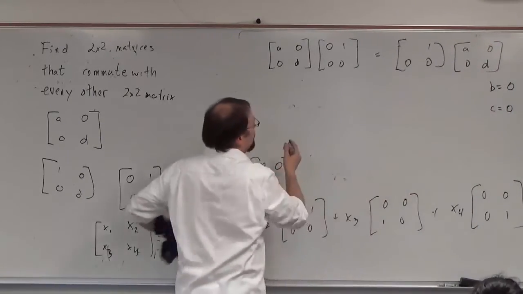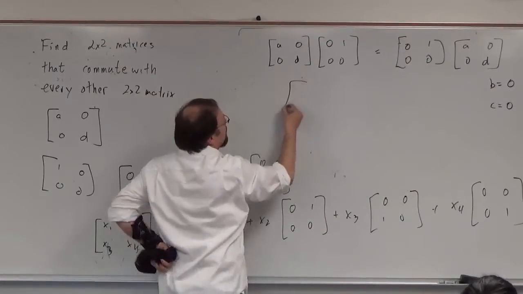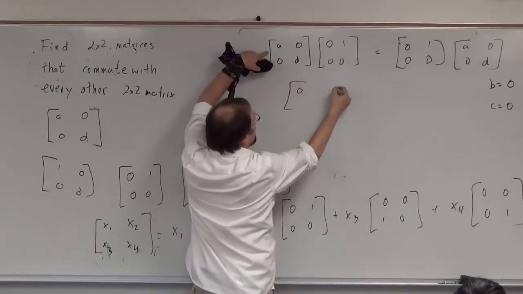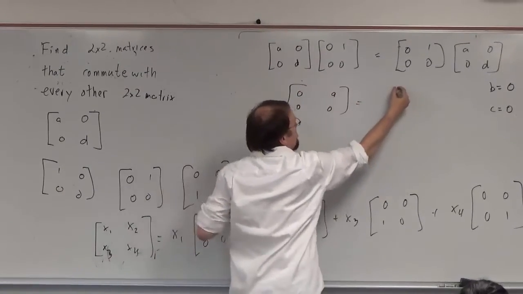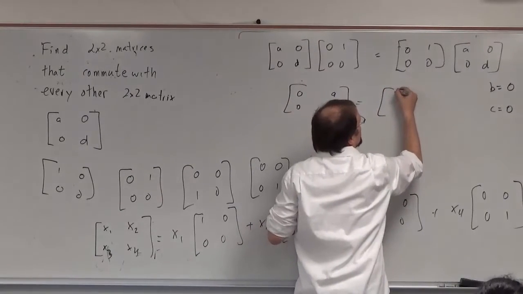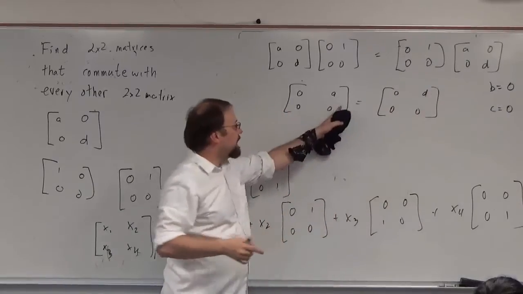And I'll cut this example short. So we get 0, A, 0, 0. And then 0, D, 0. Okay. So from here I learned that A has to equal D.